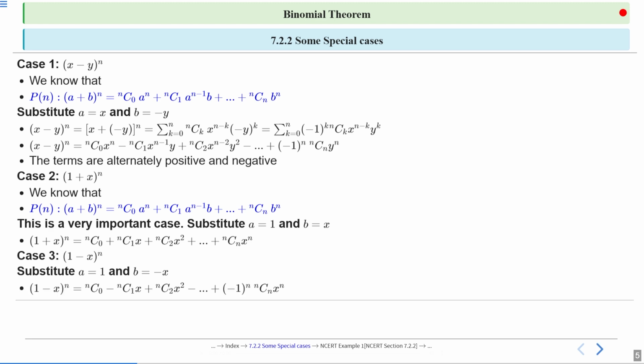So the expansion for (1 - x)^n = nC0 - nC1 x + nC2 x^2 - ... + (-1)^n nCn x^n. Clear? I think it's clear to all of you and you are getting my point.